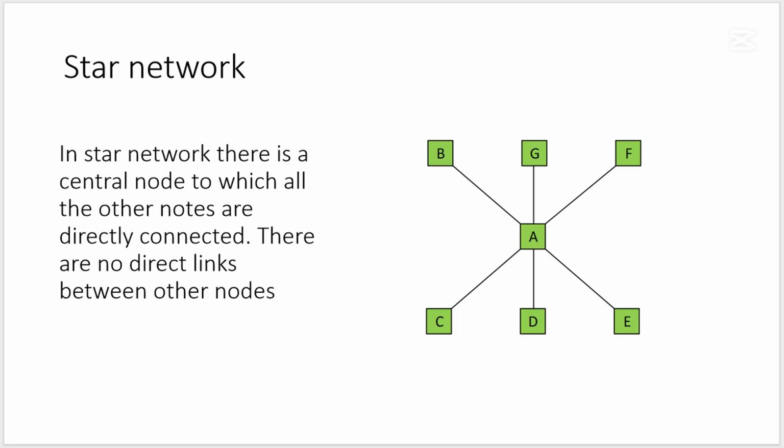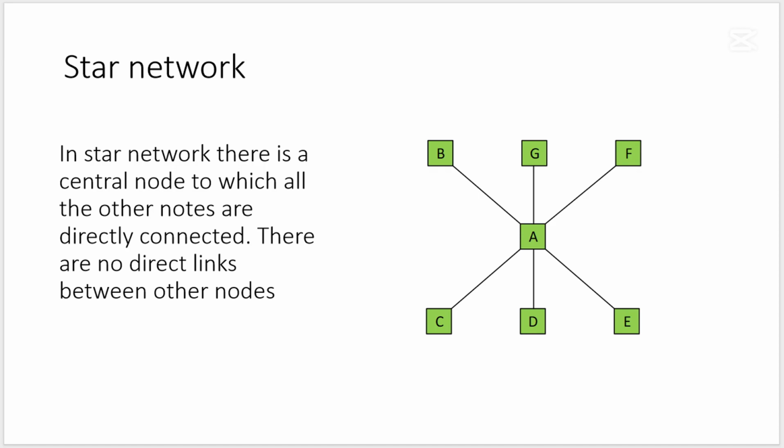So now we come to the disadvantages. There is a potential bottleneck of bandwidth at the central node. If the equipment of the central node fails, it may cause a breakdown of the entire network. Single point of failure.